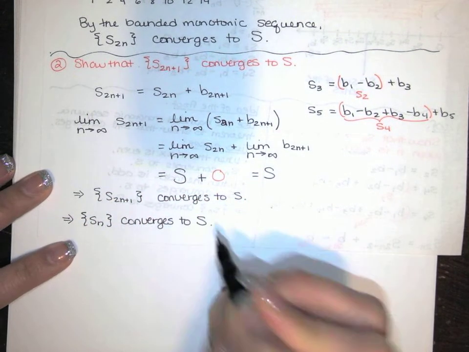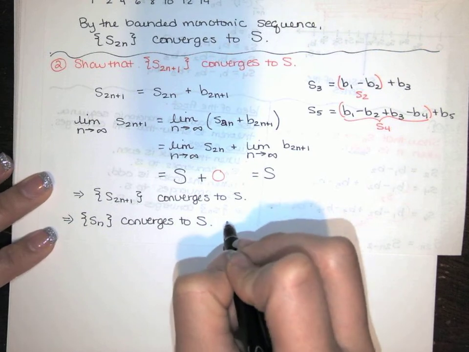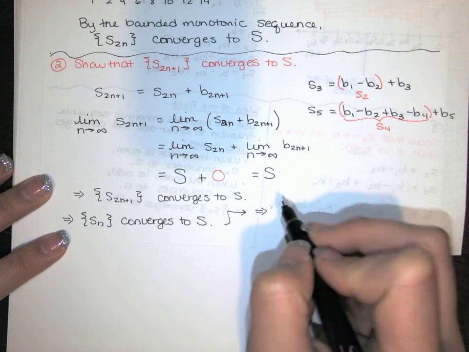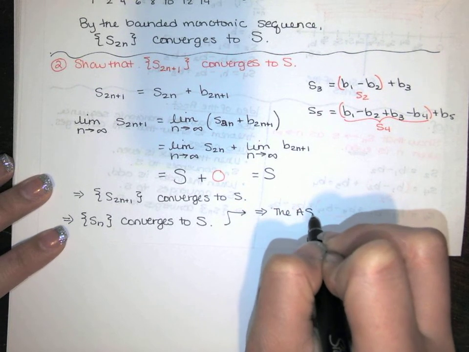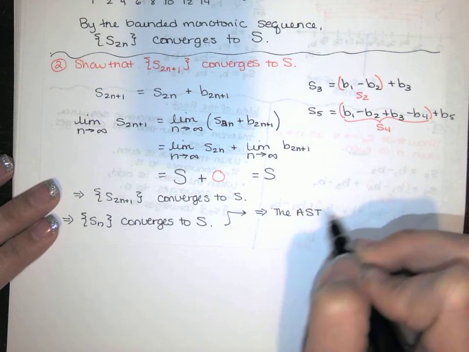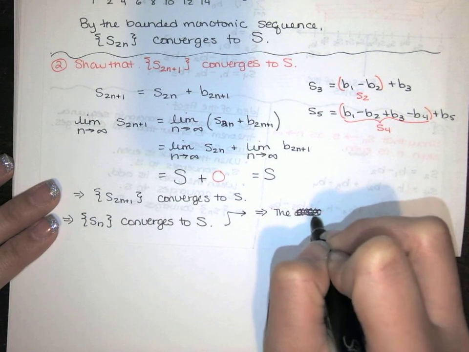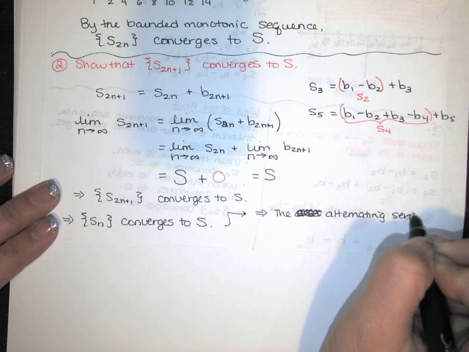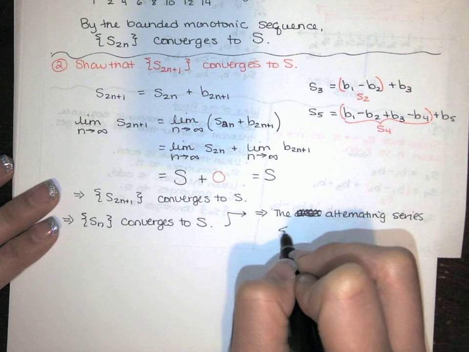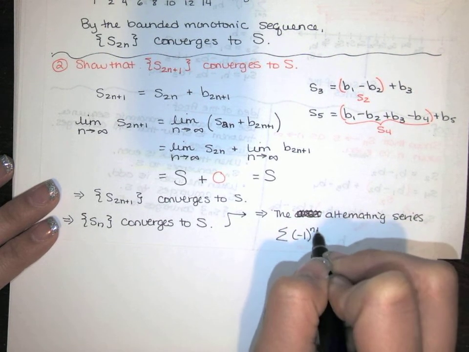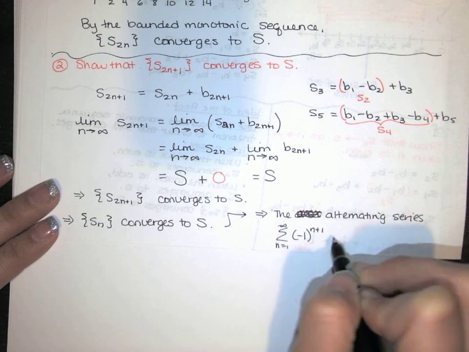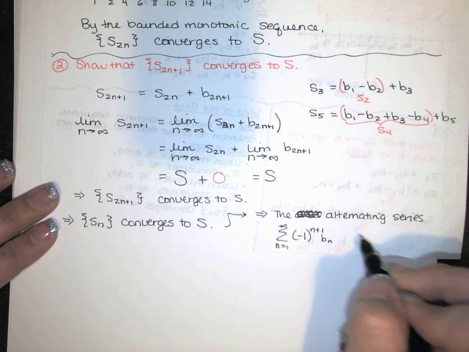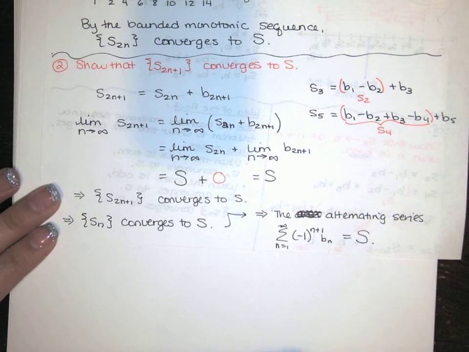And if it converges to s, that means the alternating series that we started with, negative 1 to the n plus 1 times b sub n, as n goes from 1 to infinity, converges to s. Or you can say that it equals s, same thing.